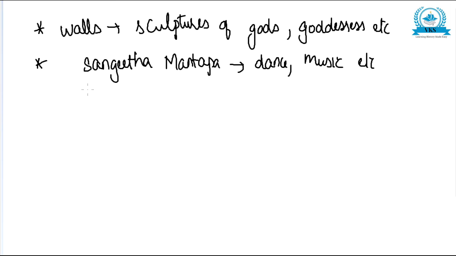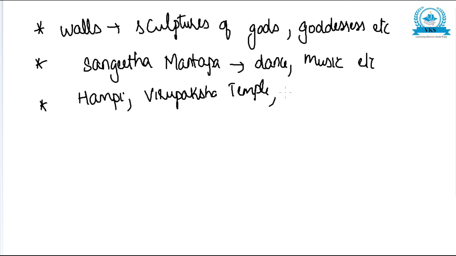Now some of the important examples of the monuments of Vijayanagara time: Hampi, the temples at Hampi, the Virupaksha temple, then Mahanavami Dibba, etc. All these are important monuments constructed during Vijayanagara time in the Vijayanagara style.